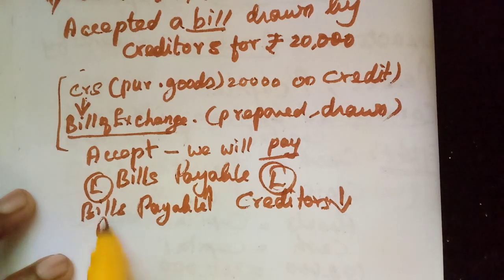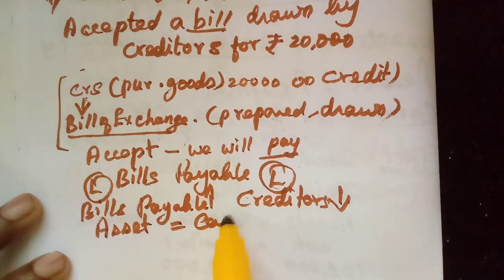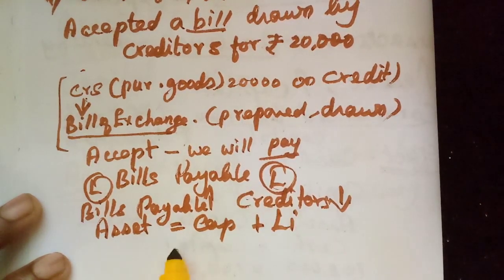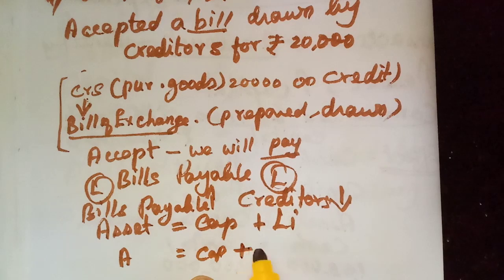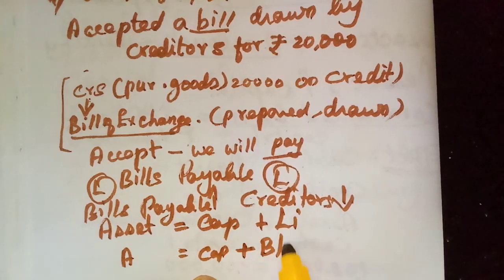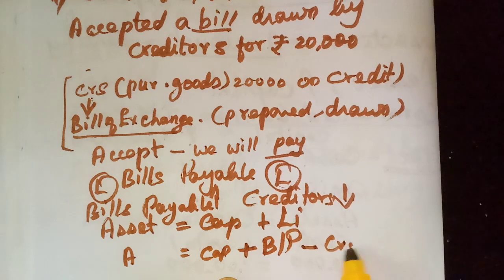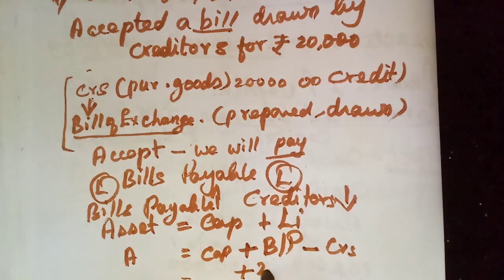What is the equation? Accounting equation: asset is equal to capital plus liabilities. Here, asset, let it be, isn't it? Asset, capital also as it is. Then, what is increasing? Plus bills payable. Then, what is decreasing? Minus creditors. Okay. So, we need to write plus how much bills payable? 20,000.